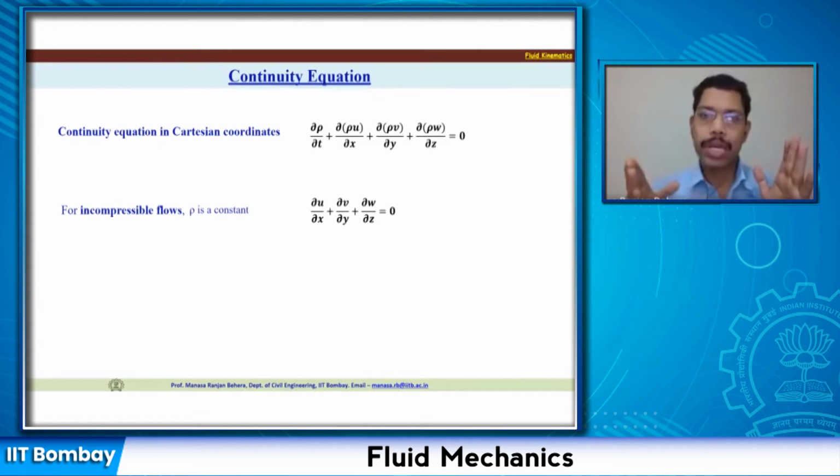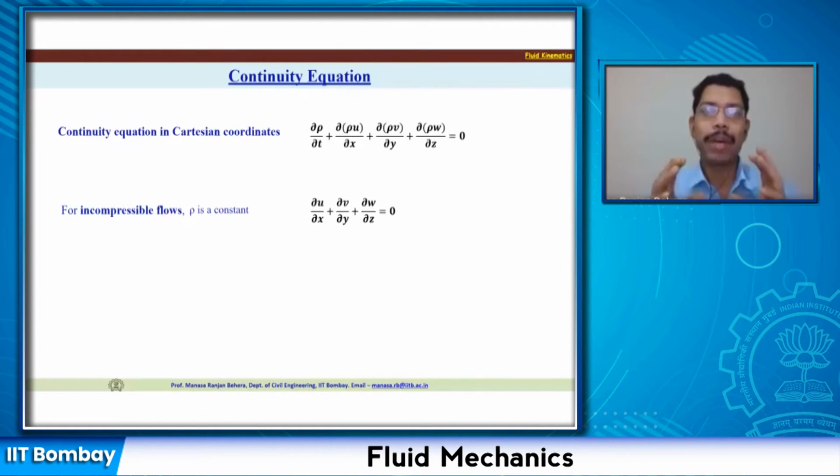From all other three terms, rho is going to be taken out as a constant, and if you divide that on the right side, it will be 0. So this is the simplest equation, dou u by dou x plus dou v by dou y plus dou w by dou z equals 0.